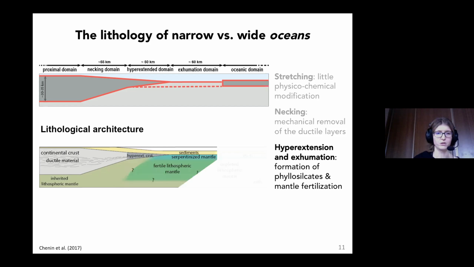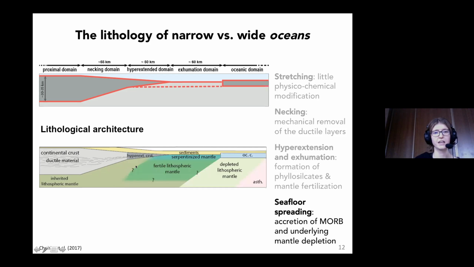But then when we go to hyperextension, we have important circulation of fluids here in the hyperextended domain, and we have fertilization of the mantle by impregnation of melts from the melting asthenosphere. So beneath the dome of exhumed mantle we have a fertile lithospheric mantle.